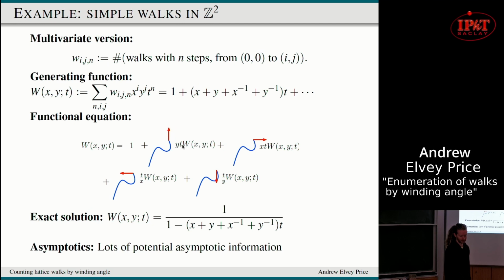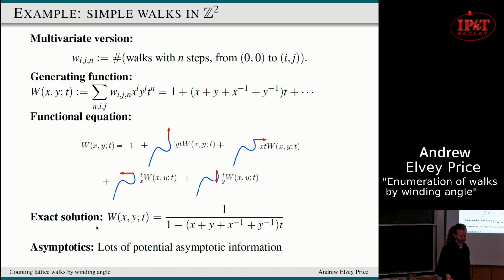So we get yt times w. If we have a right step at the end, we get xt times w, and so on. And so in the end, we get this functional equation. The pictures aren't part of the functional equation, they're just for describing where the terms come from. And again, we have an exact solution where we just divide by the factor of w.